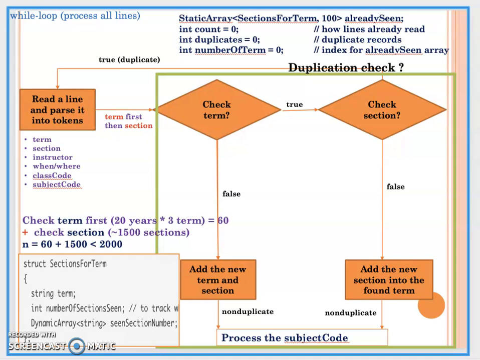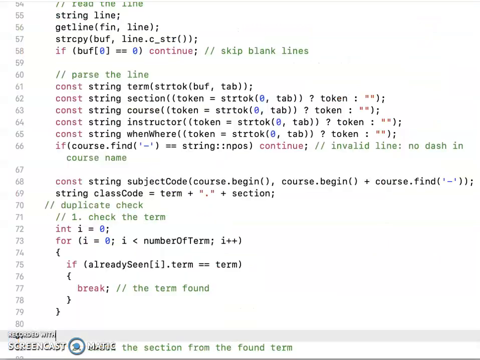So that's why in our code, very similar to before, if the term is not found, the index i will equal the number of terms. Good, so that's why we have two situations.